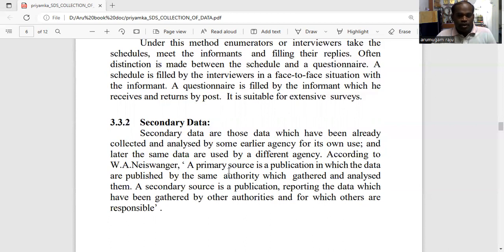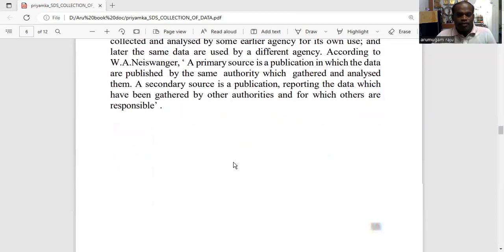According to Wagner, a primary source is a publication in which the data are collected or published by the same authority which gathered and analyzed them. A secondary source is a publication reporting the data which have been gathered by other authorities and for which others are responsible. So this is the secondary data.